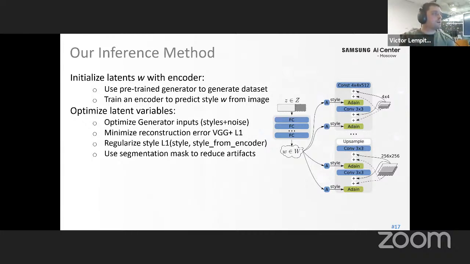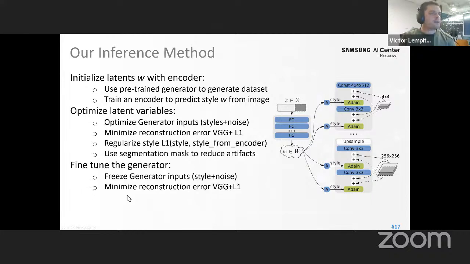And here we optimize over the W variable and over the noise variables, which are initialized with random noise. Then, as a last stage, we cannot really get the perfect fit, so we fine-tune the parameters of the convolutions in our generator to get the perfect fit.